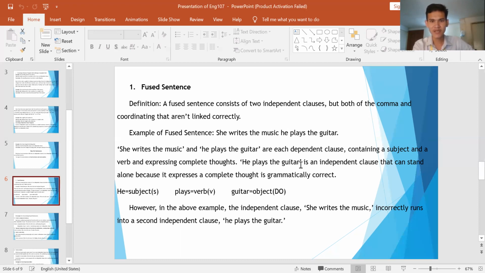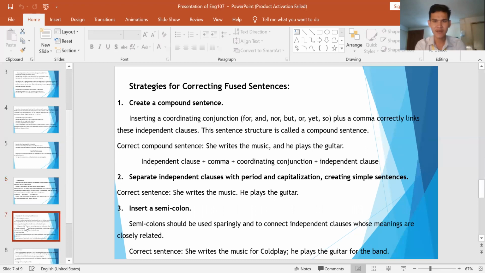He plays the guitar is an independent clause that can stand alone because it expresses a complete thought and is grammatically correct: subject, verb, object. However, in the above example, the independent clause she writes the music incorrectly runs into a second independent clause, he plays the guitar. Okay, let's move to the next slide.